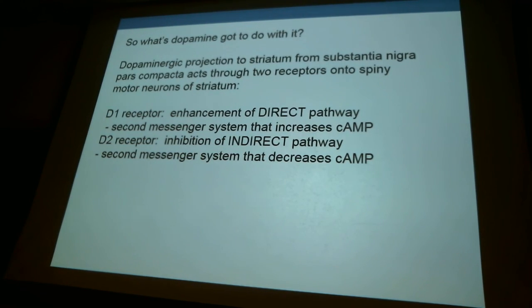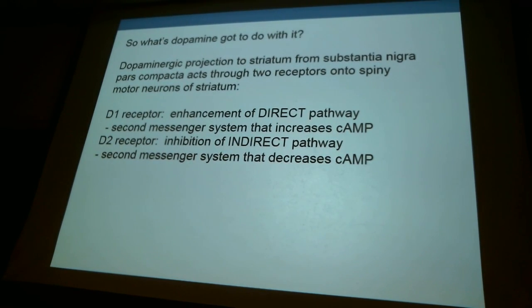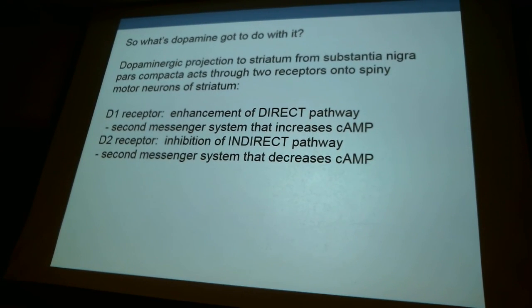Okay, let me just skip to this slide for a second. This dopaminergic projection to the striatum acts through these two receptors. Remember how we talked about how the effect of a neurotransmitter depends on the receptor? You can have transmitters that could be either inhibitory or excitatory, depending on the receiving end. This is a good example of that principle.